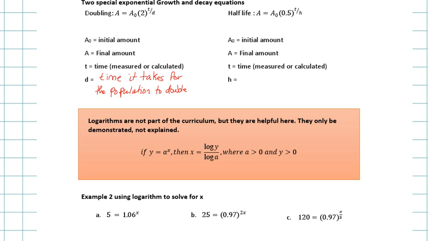So if the question is saying this: you have 100 bacteria, and the bacteria population growth is doubling every 5 minutes. What would your population be in 1 hour?